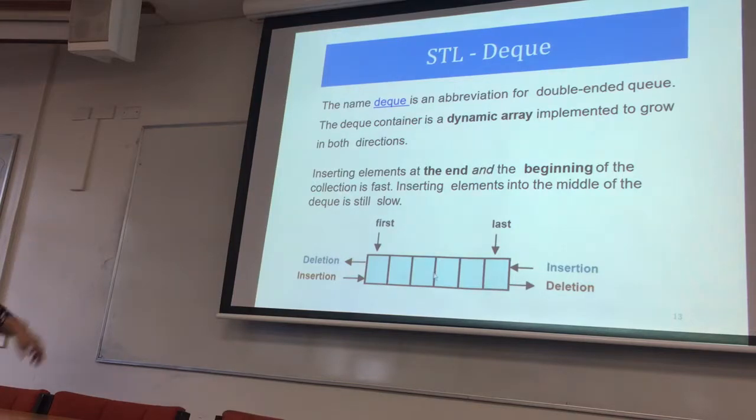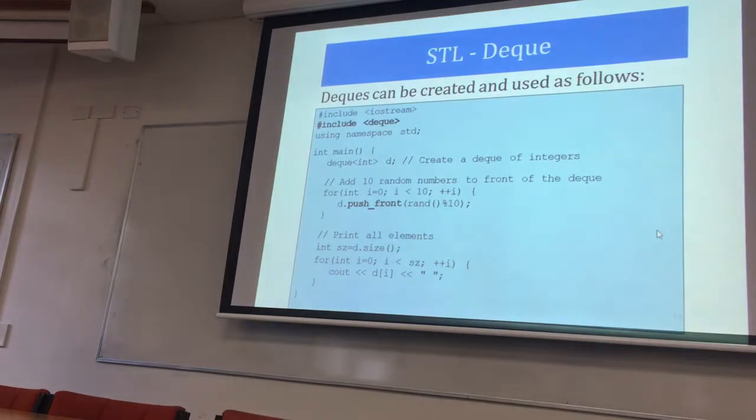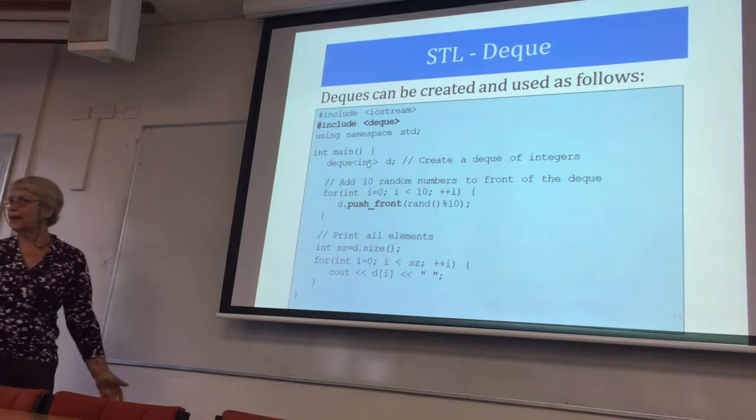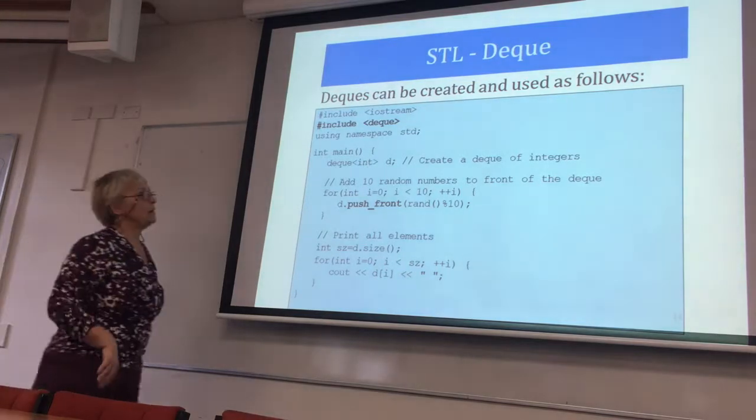Inserting in the middle, it's slow. To work with double-ended queue, you include the proper file, and as you can see, the declaration is very similar as for vector. Very similar.